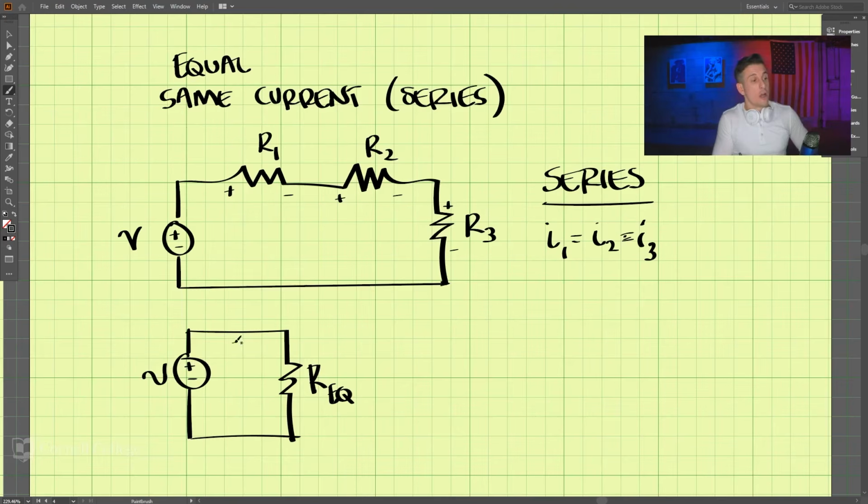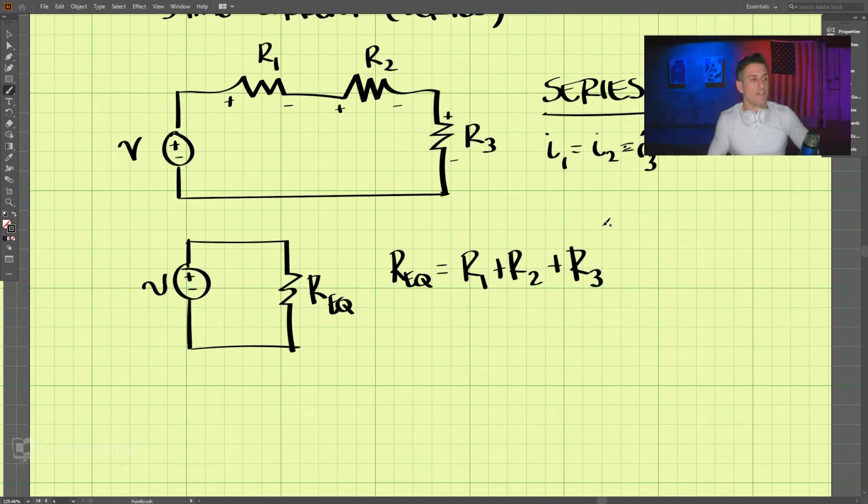This is V. So we want the equivalent resistance. So Req is equal to R1 plus R2 plus R3. This is the equivalent resistance. So adding all of these together, R1 plus R2 plus R3.